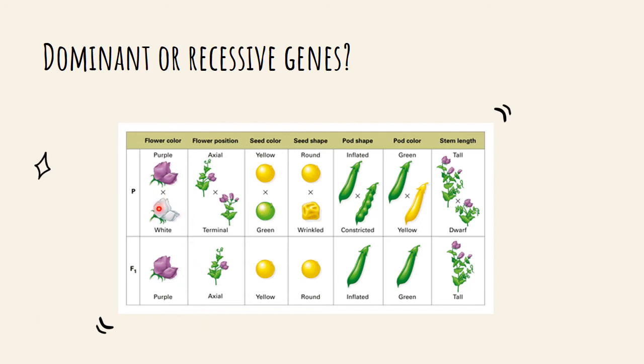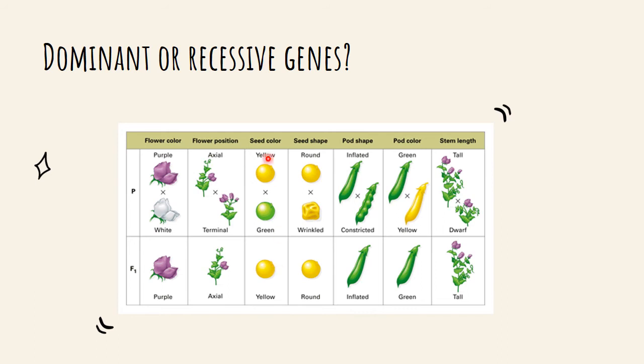So let's say if the father is purple flower and the mother is a white flower, and the offspring or the child has got the purple flower, it means that the purple flower is the dominant gene and the white flower is the recessive gene.